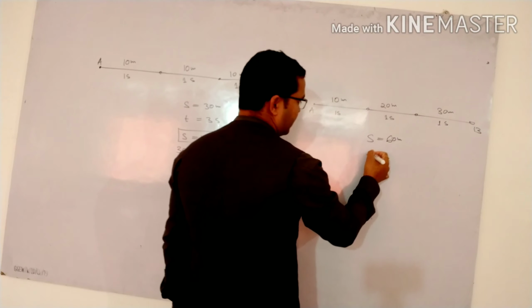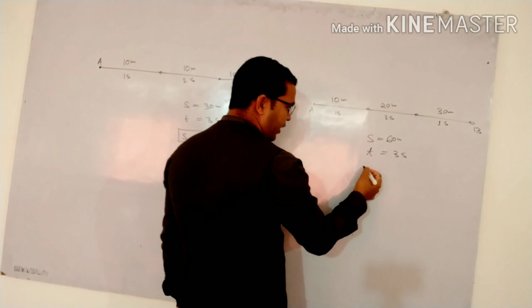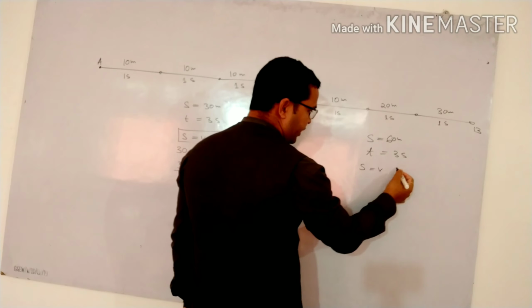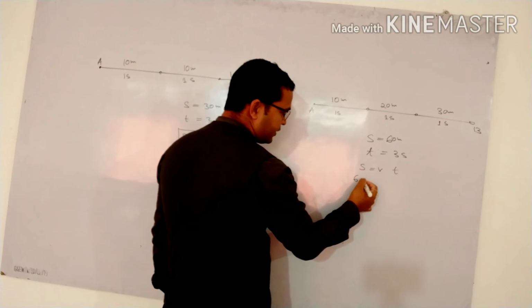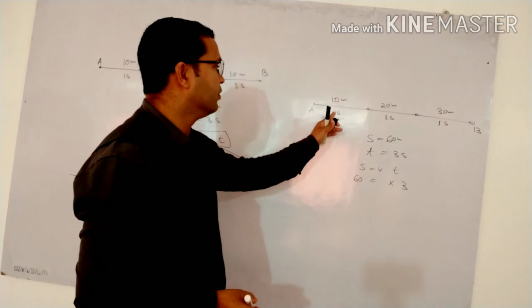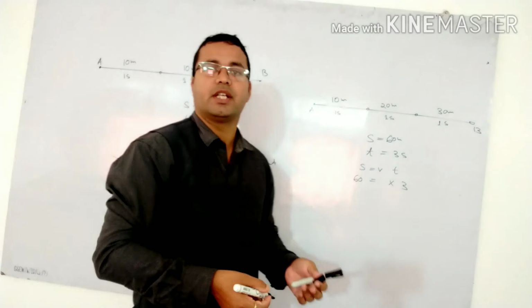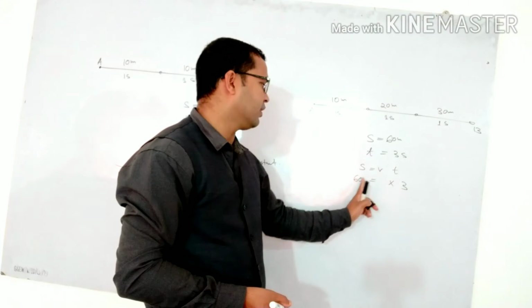The total time is 3 seconds. If I write this formula, S is equal to Vt, so S is equal to 60 and t is equal to 3. But what will be the value for velocity? Because in every second the velocity is changing. If you put 10 here, then it will not be valid.